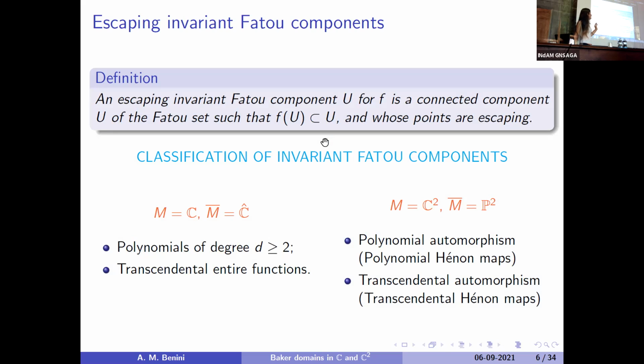Here there is something to be careful about, because what a polynomial automorphism is makes sense. When we talk about transcendental automorphisms, maybe it would be more correct to talk about non-polynomial automorphisms. Because in C, as soon as you are entire and not a polynomial, as soon as you really become a transcendental function, you have an essential singularity at infinity, and Picard's theorem tells you exactly how you behave near it. So the class of non-polynomial entire functions from C to C is kind of uniform in its own way, while the class of non-polynomial automorphisms of C2 is very vast, and they can exhibit very different dynamical behaviors.